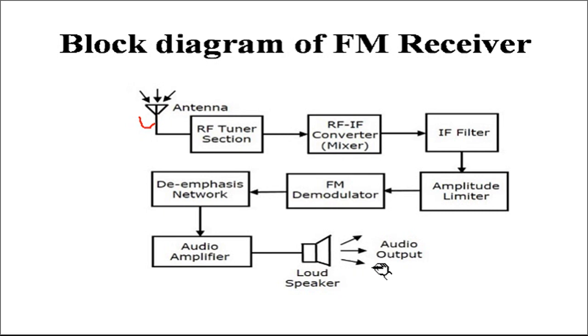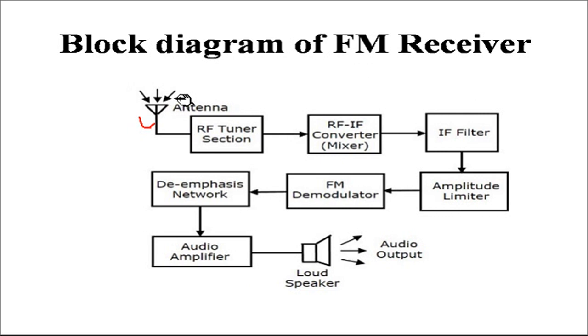Here there are some important constraints which we have to keep in mind, that is selectivity and sensitivity. What do we mean by selectivity? Selectivity is the ability to select a particular signal and reject all other unwanted signals. As I already told you in the introduction, the receiver may have many signals because different transmitters are transmitting signals, but it is the ability of this receiver section to select only the required signal and reject all other unwanted signals.